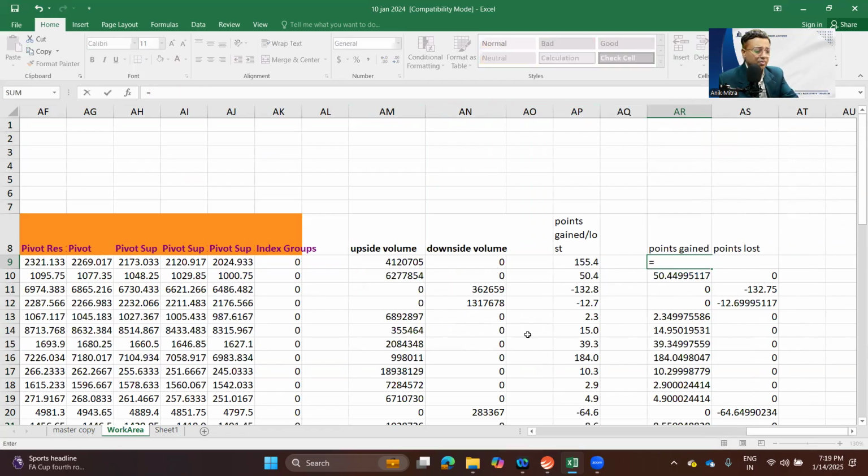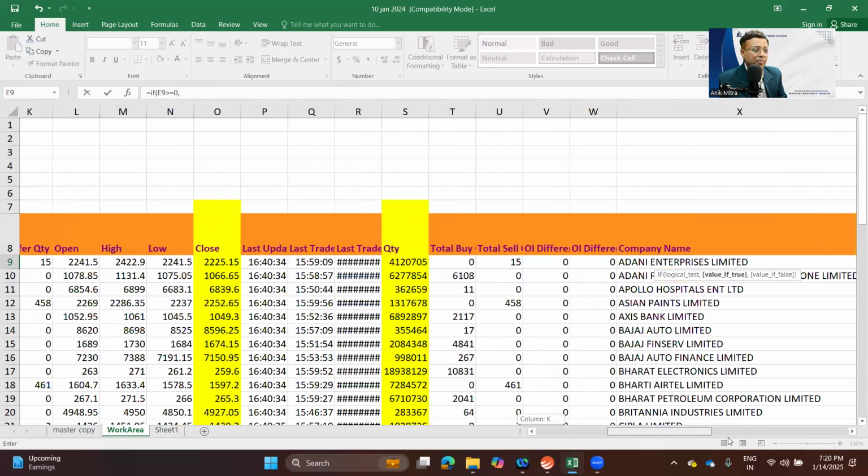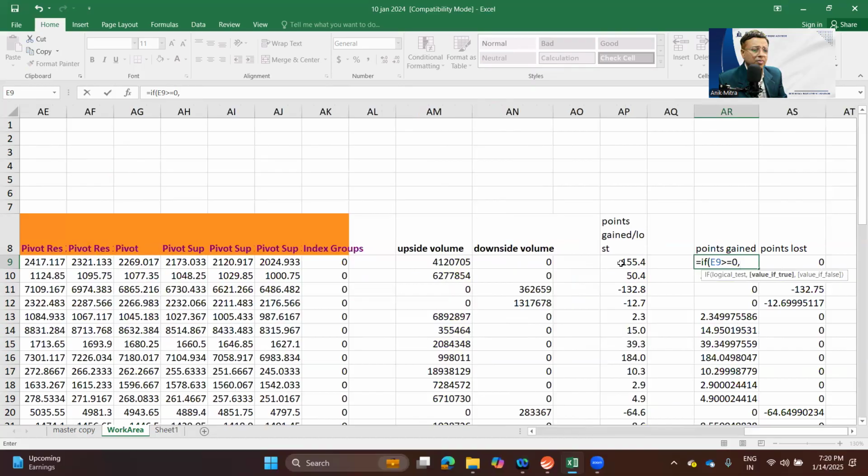Similarly, if this percentage change is more than or equal to 0, then this value will be taken, else 0, correct?